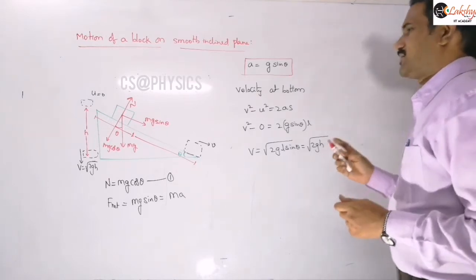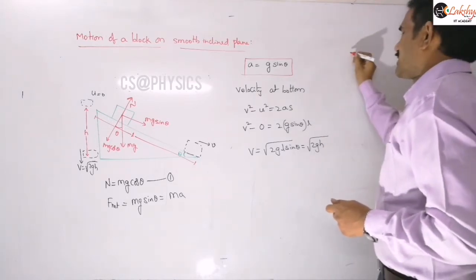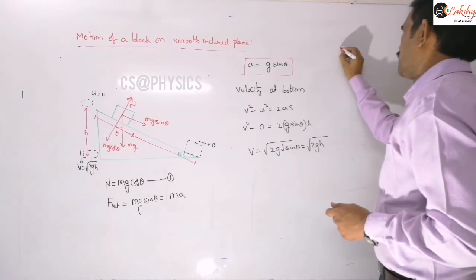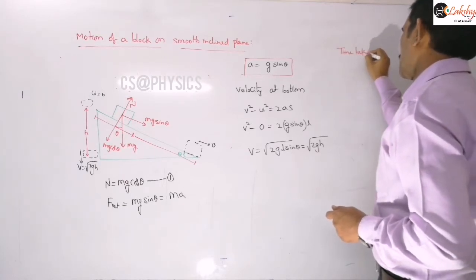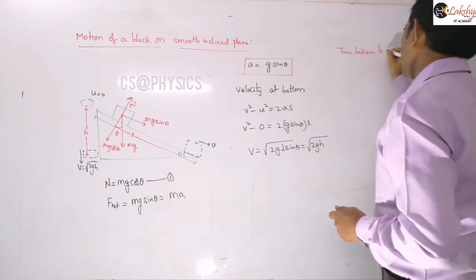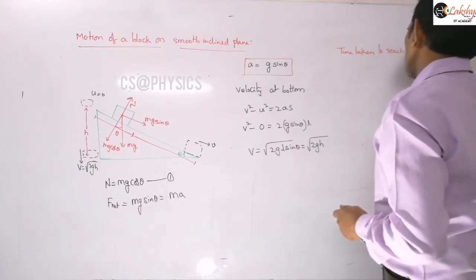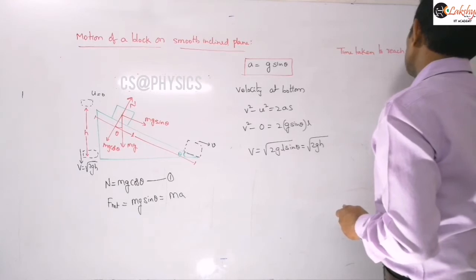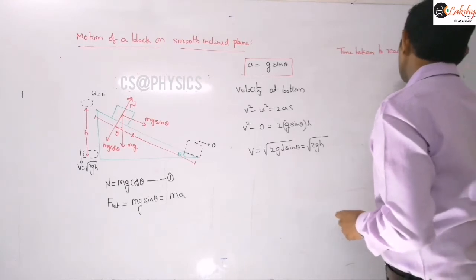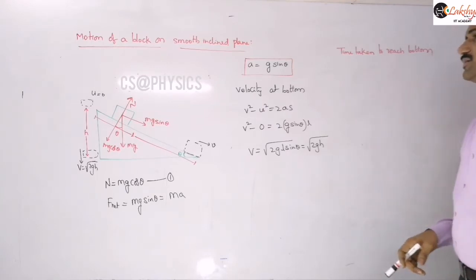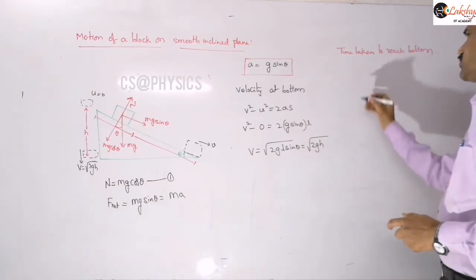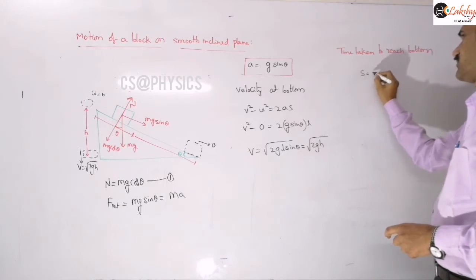Next, let us write the time taken to reach the bottom of the inclined plane. For this I can use s is equal to ut plus half at square.